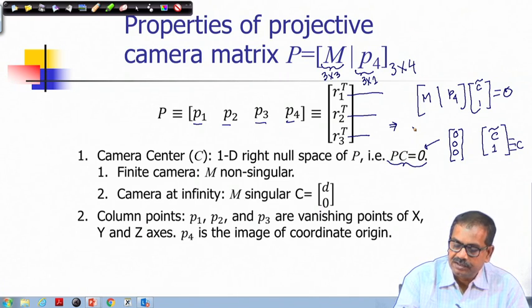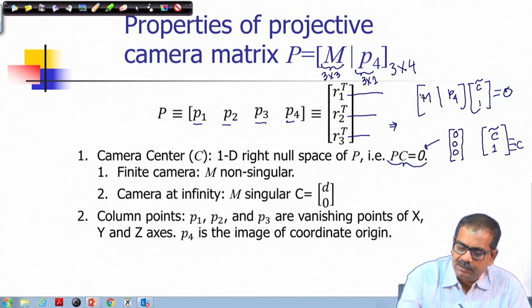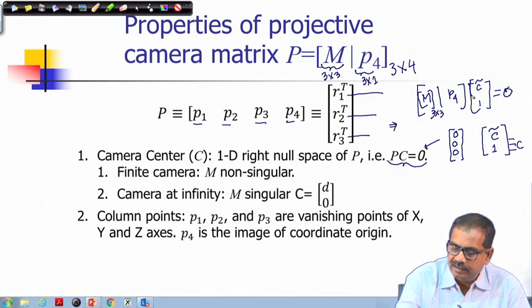When you are doing submatrix multiplication, the first check should be dimensionality matching between the corresponding matrices. For example, M is a submatrix of dimension 3 cross 3 and C tilde is a column vector of dimension 3 cross 1.